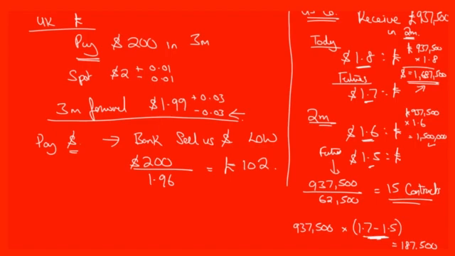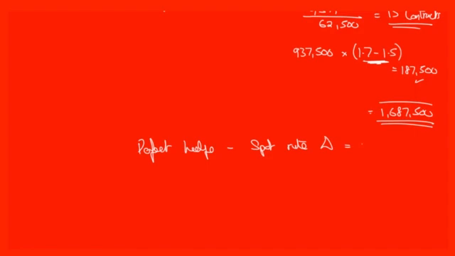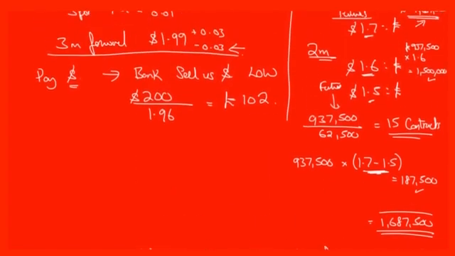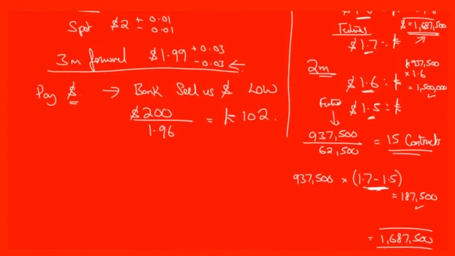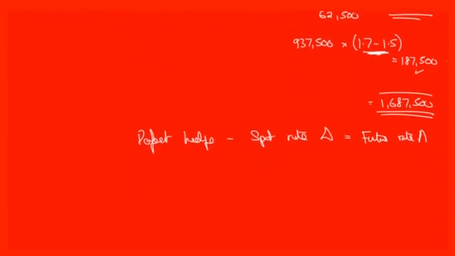So the spot rate went down by 0.2, and so did the futures rate, 1.7 to 1.5. That's what made it a perfect hedge. It won't always be that. We received exactly what we otherwise would have because the futures rate moved exactly the same as the spot rate did. Okay, so that's how it works.